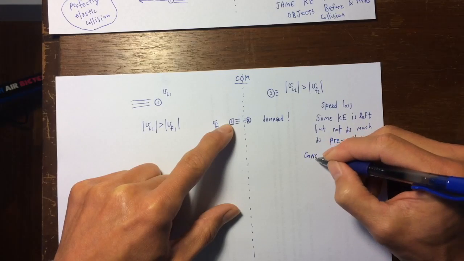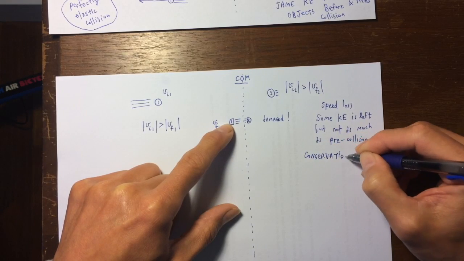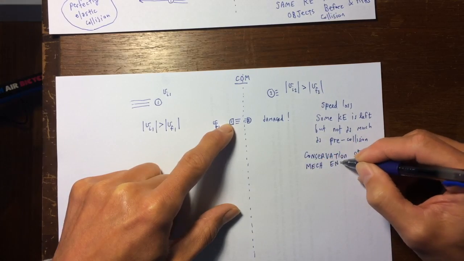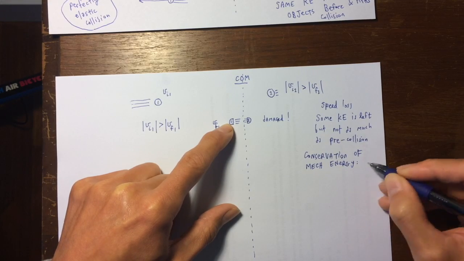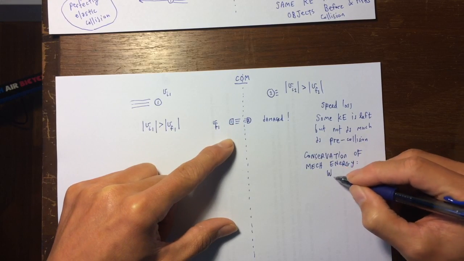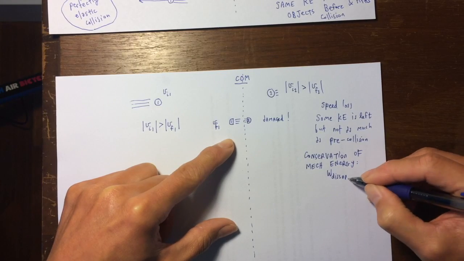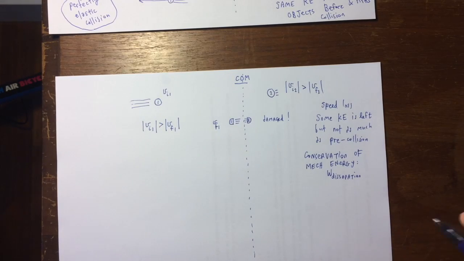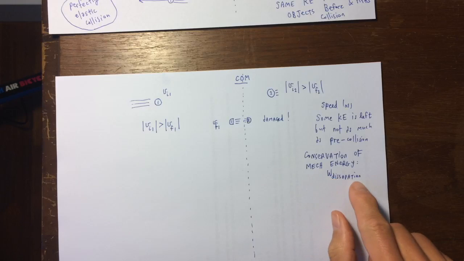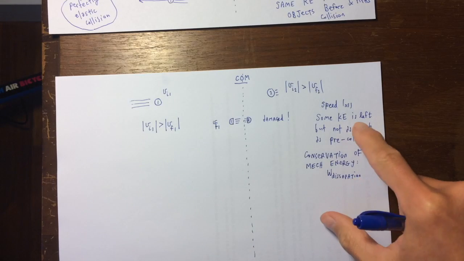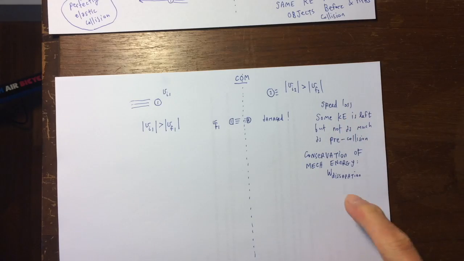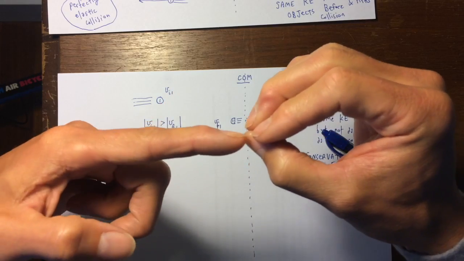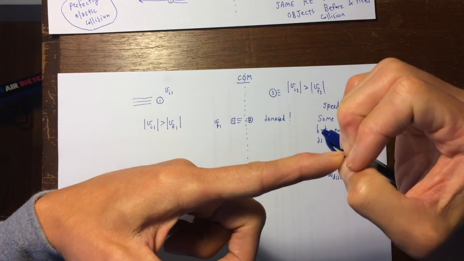From the conservation of mechanical energy, what this would say is there must have been work done by dissipative forces like friction. In fact, there is some really interesting work done that's associated with the missing kinetic energy. And this work was the forces involved in crushing the object.